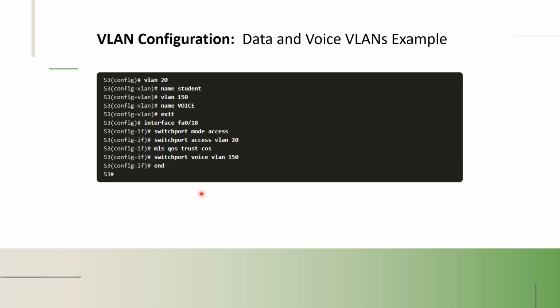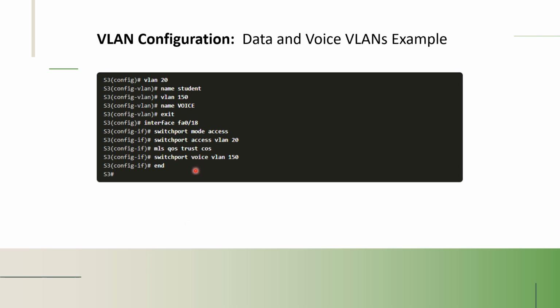And by the command mls qos trust, you are saying that the voice traffic must be marked as trusted as soon as it enters the network that we mentioned. This command means that the voice traffic can be handled through this interface and has priority of service, which means that it needs to be served first, or this traffic has to be handled first.